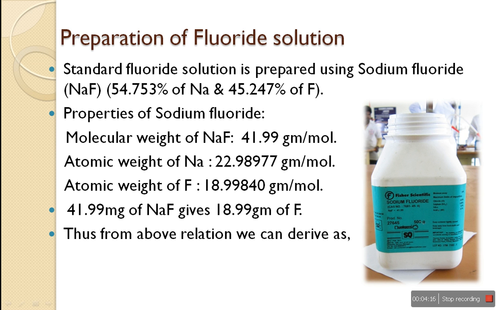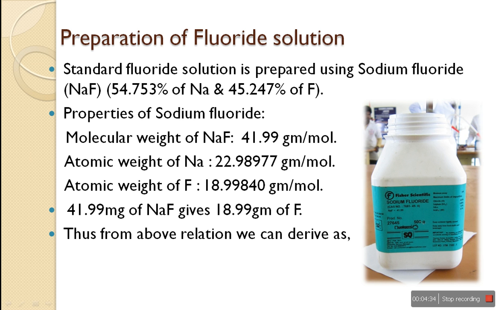Preparation of fluoride solution. Fluoride solution is prepared by dissolving NaF, that is sodium fluoride salt, in distilled water. 41.99 gram of sodium fluoride gives 18.9984 gram of fluoride per liter.